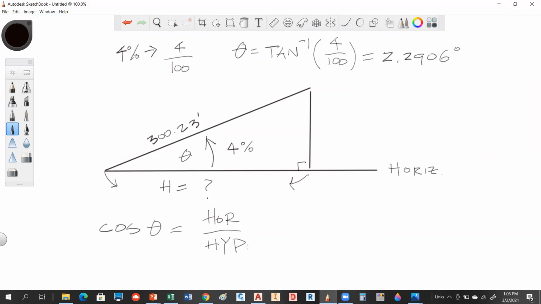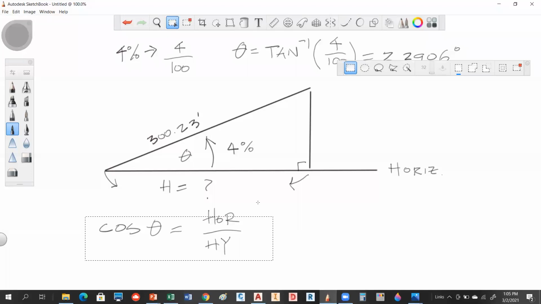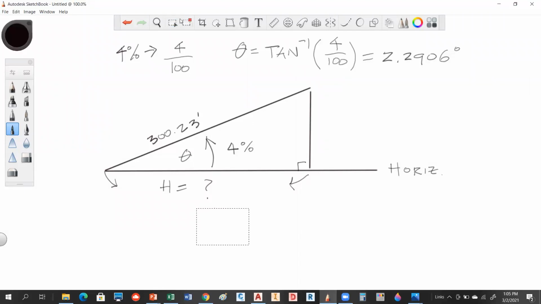Yes, it'd be adjacent over hypotenuse, so yeah. That's what we want, right? So really the hypotenuse in this case, if we just replace this number, let me just get rid of this. What I really want to do is just solve for the horizontal distance.